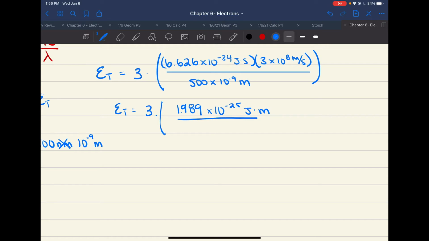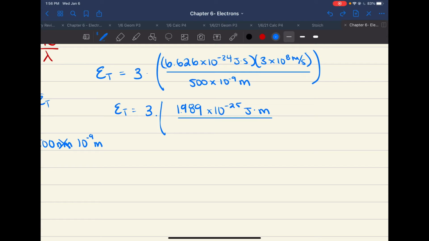Honestly, I've memorized this number more than I've memorized Planck's constant, just because I've done this calculation so many times. It may be helpful to memorize it if you're struggling to finish these problems in a meaningful amount of time, because Planck's constant and the speed of light constant are two constants being multiplied, so it will be the same every time.